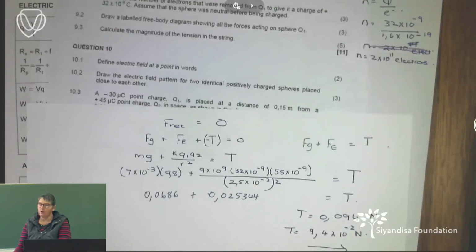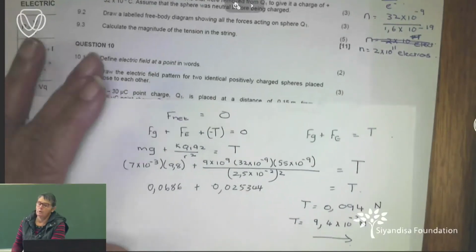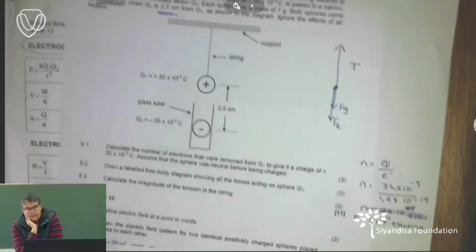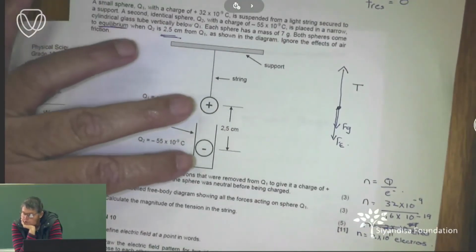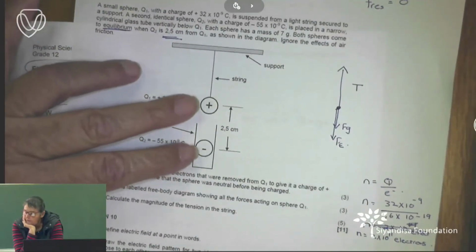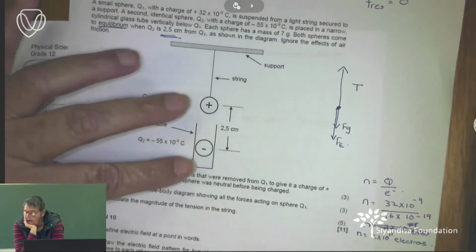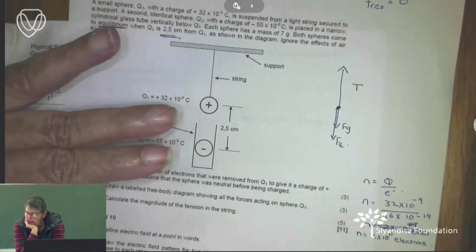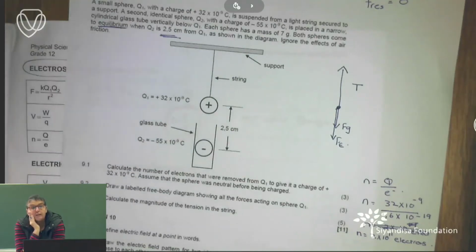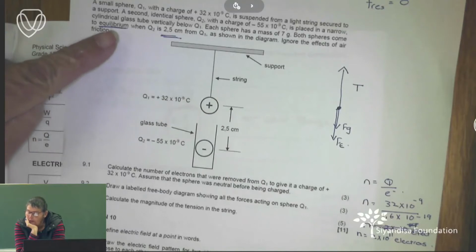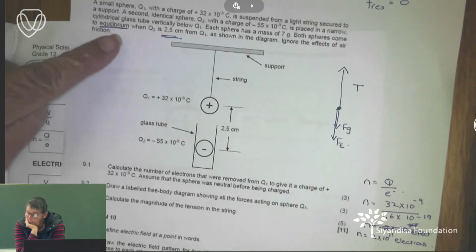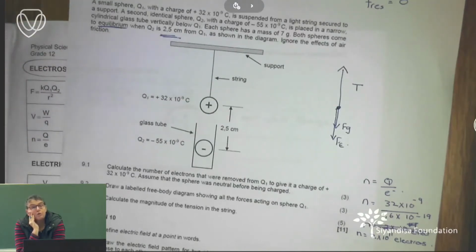Right, let's quickly just go over this question again, because this is quite a tricky question. We've got two charges. They both have a mass of 7 grams. And they are brought closer to one another until they reach an equilibrium. And the important thing is that when they are in equilibrium, we need to know that the resultant force is equal to 0.